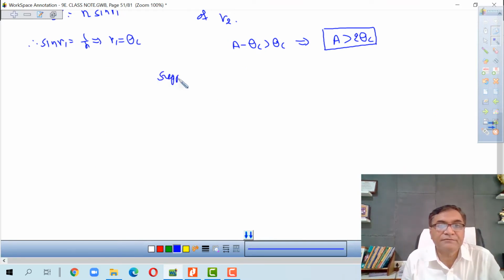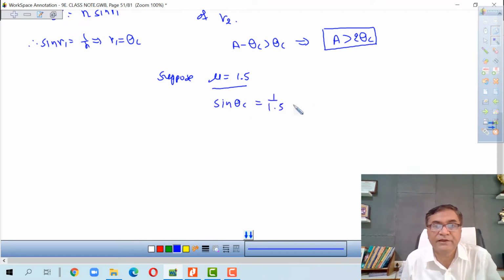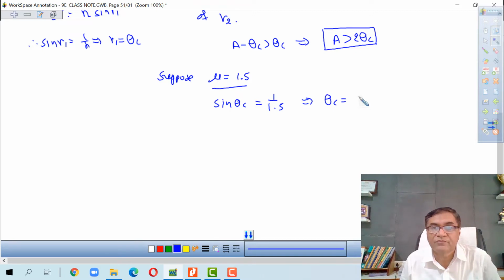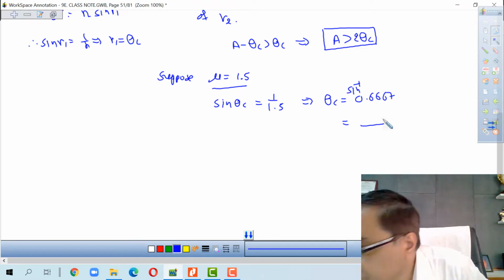For example, suppose I take mu is equal to 1.5. Okay. So for mu is equal to 1.5, I can calculate what is sin theta c. Sin theta c is equal to 1 upon 1.5. And so you will get theta c is equal to sin inverse of 0.6667.